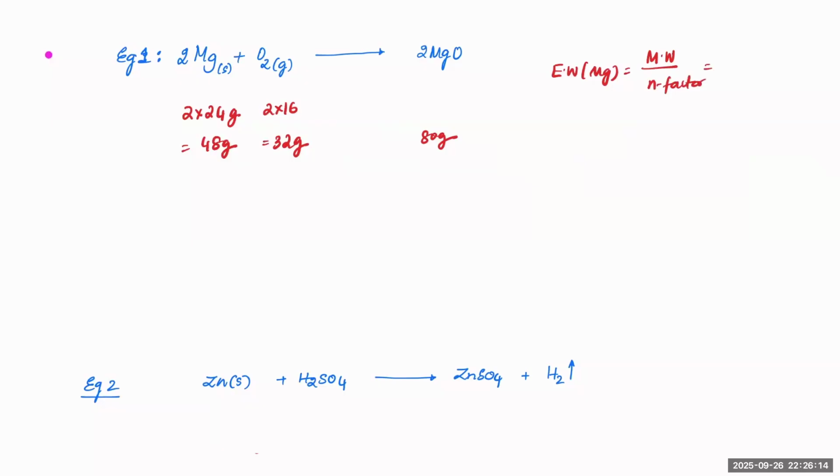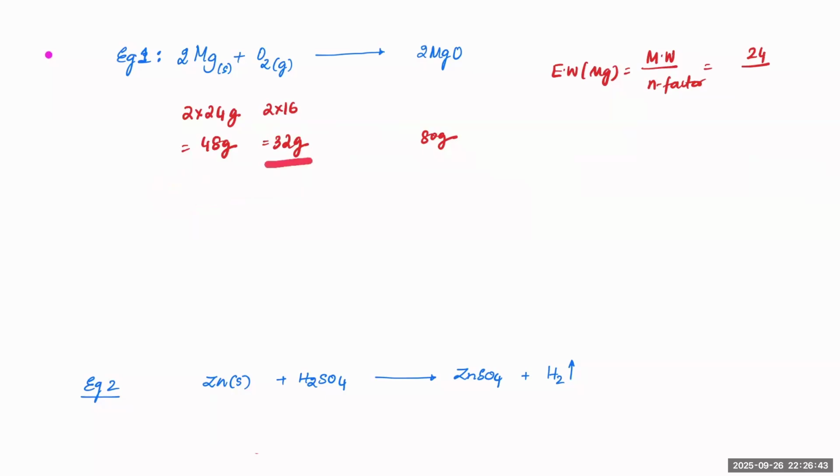The molecular weight of magnesium here is 24, divided by the valency factor, which is what I need to figure out. But instead of directly finding this, we know the definition of equivalent weight: that is, how much will combine with 8 grams of oxygen, isn't it?